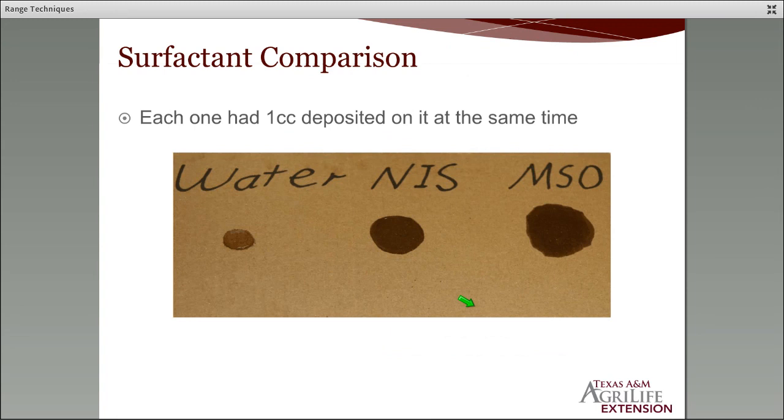This right here is a little comparison that I did one time, where I took a cc of a non-ionic surfactant and a methylated seed oil surfactant. For range and pasture weed and brush control applications, the non-ionic is sufficient for 90% of the applications that we do.